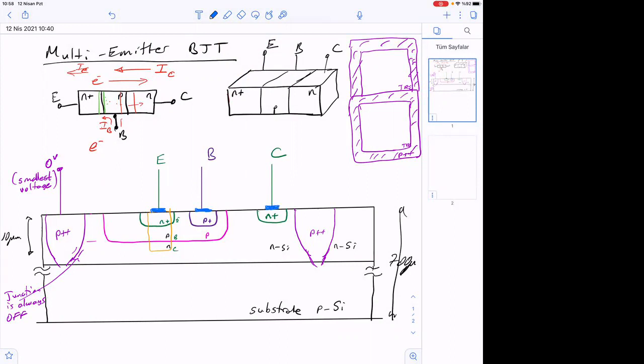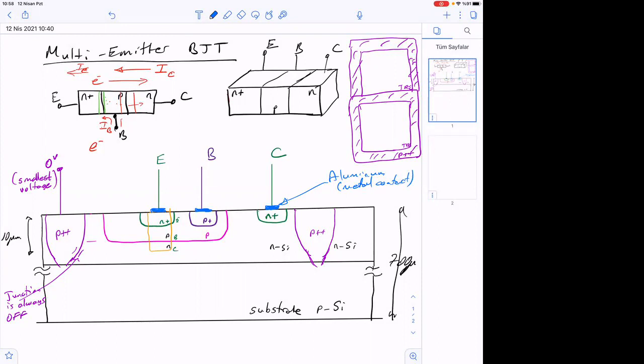So these are maybe aluminum, metal contact. And then in order to get a good ohmic contact here, you need to have N+ here.